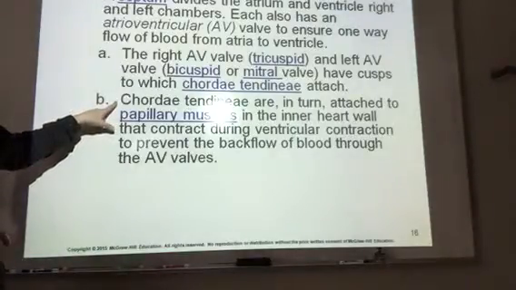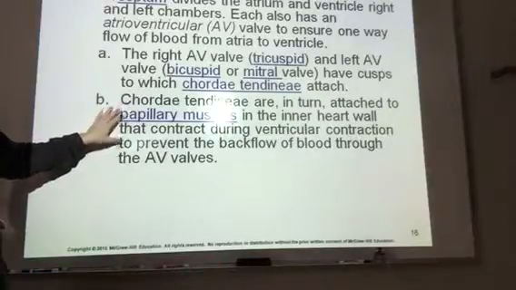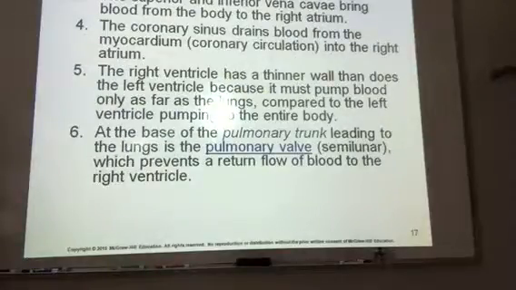So these cords are attached to papillary muscles. These papillary muscles are basically just a place of attachment, and like I said, they prevent backflow so that oxygenated and deoxygenated blood don't mix.